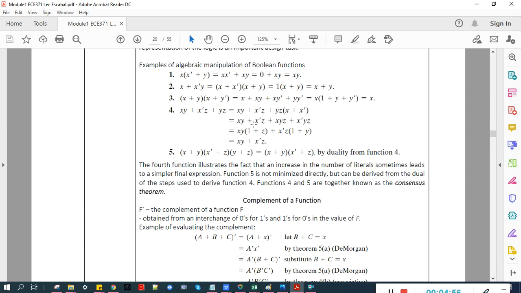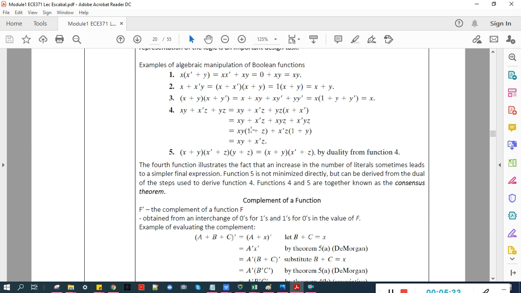So it becomes xy + x'z, then distributes: xyz + x'yz. And then he factored out xy, which becomes common to the first and the third elements, so xy times (1 + z). Then he factored out the second and the fourth elements. The common factor is x'z, times (1 + y).